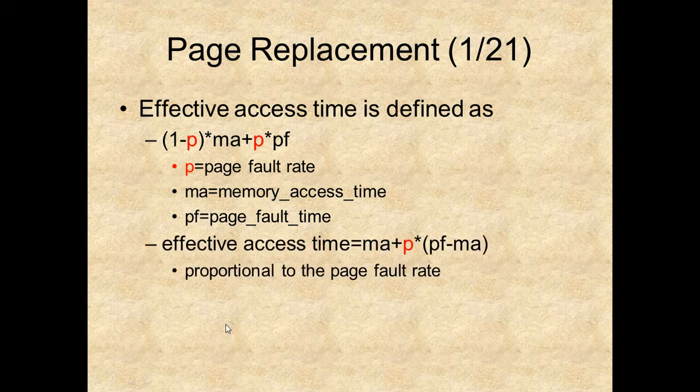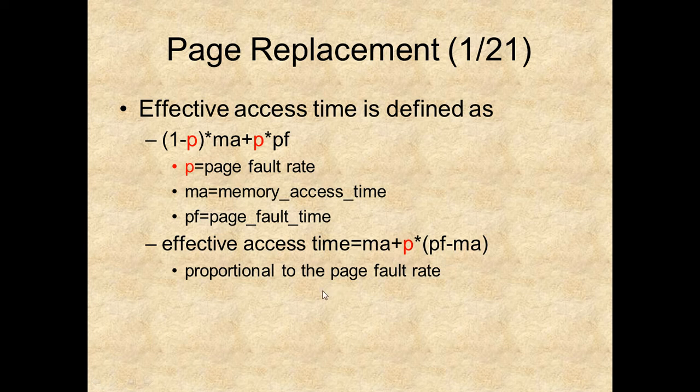After a simple manipulation, this formula can be translated to ma plus p times (pf minus ma), where ma is the memory access time and pf is the page fault time. As you can see, the effective memory access time is proportional to the page fault rate.